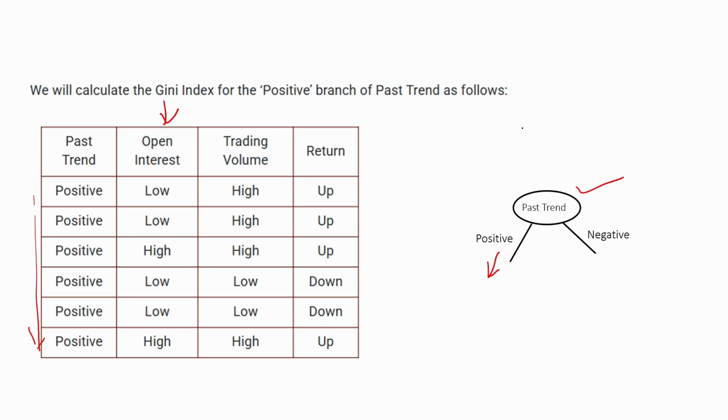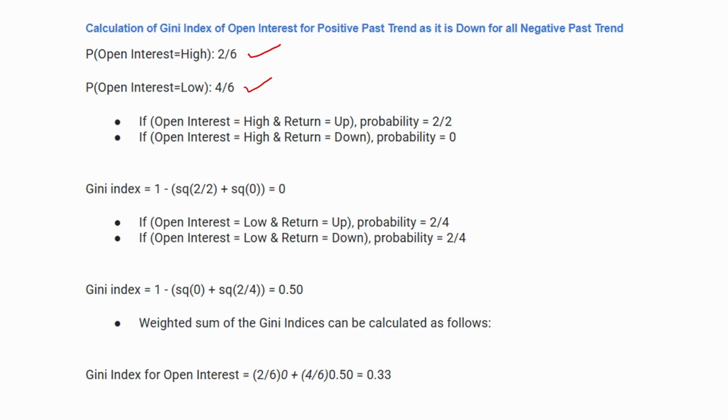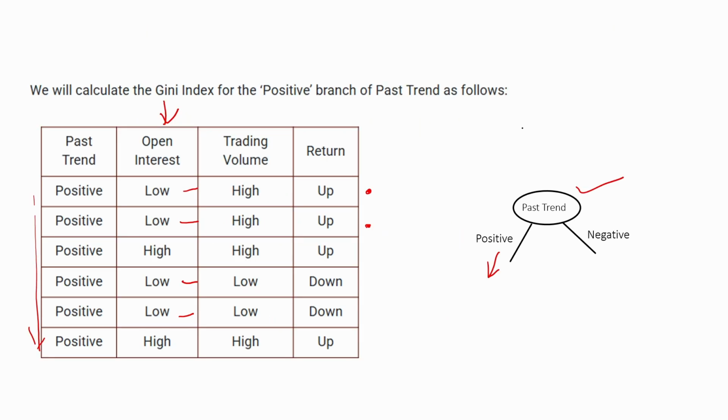Now for the low cases, that is 1, 2, 3, 4, check the up cases, 1, 2. Only 2 are up, so out of 4, 2 are up and 2 are down. For open interest high, we see the high entries: this entry is up, this entry is also up.